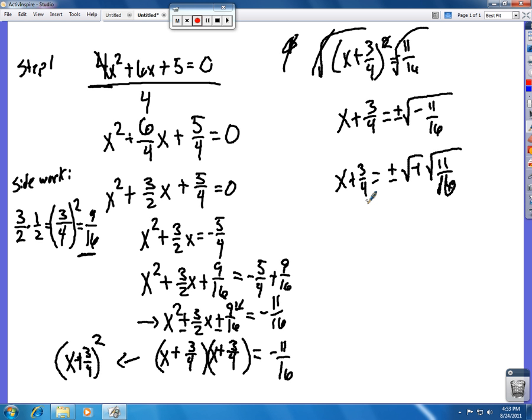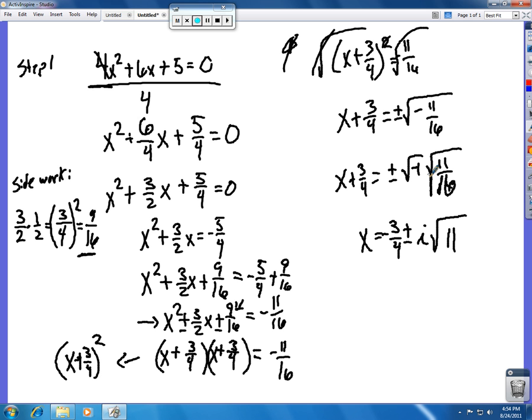Again, we're solving for x, so let's go ahead and subtract the 3/4 over. And we know that the square root of negative 1 is i. Let's go ahead and do that all in one step. So we've got negative 3/4 plus or minus i root 11. And this 16 up here is actually underneath the square root as well.